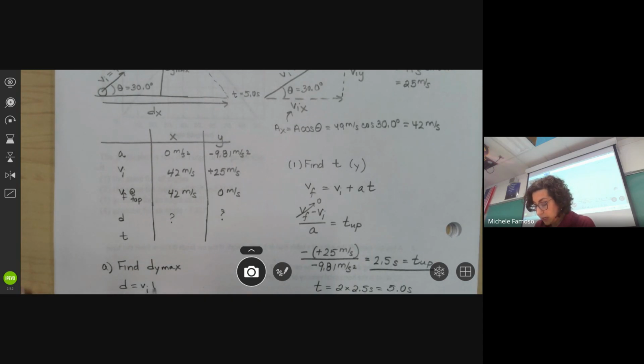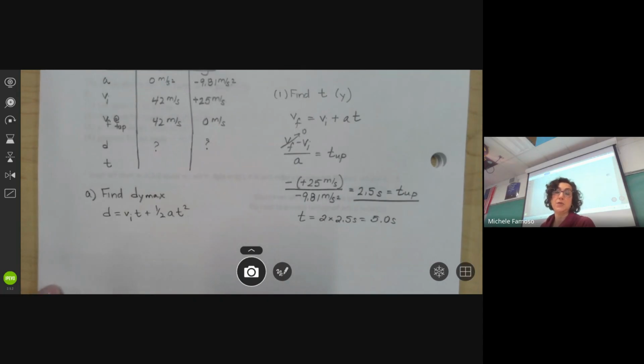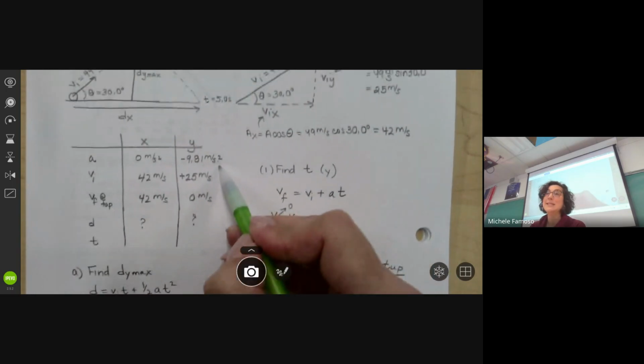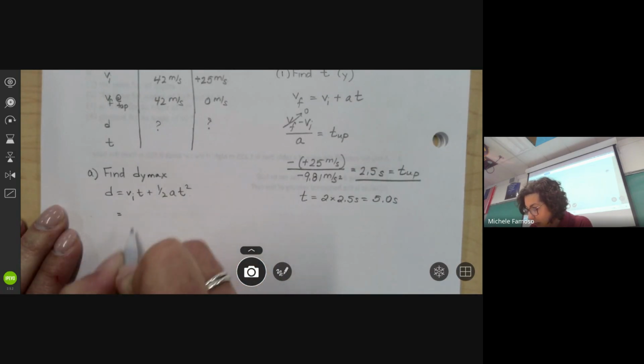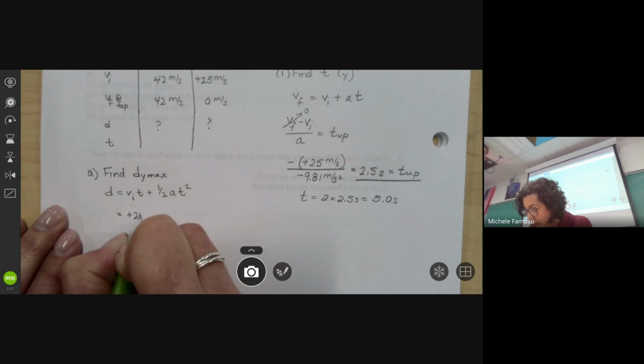D is VIT plus 1/2 AT squared. You have to have the half AT squared because if I'm looking for it in the Y direction, the A is not 0. It doesn't drop out. None of it drops out. So if I were to plug in, the VI I'm going to use is my positive 25 meters per second.